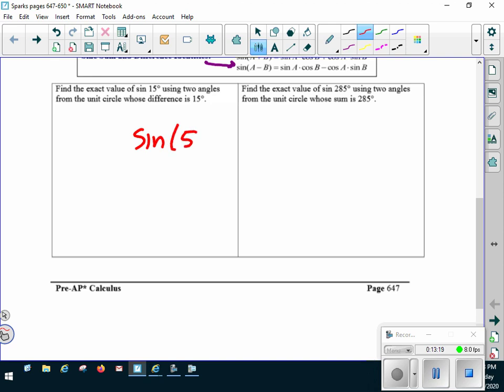Sine of 150 degrees plus 135 degrees. Did anybody else find another pair that would have worked? 240 and 45 would have worked. Good. As long as they're on that circle and they'll add up to 285, I don't care what they are. 163 is not on that unit circle. Sorry. Good try.